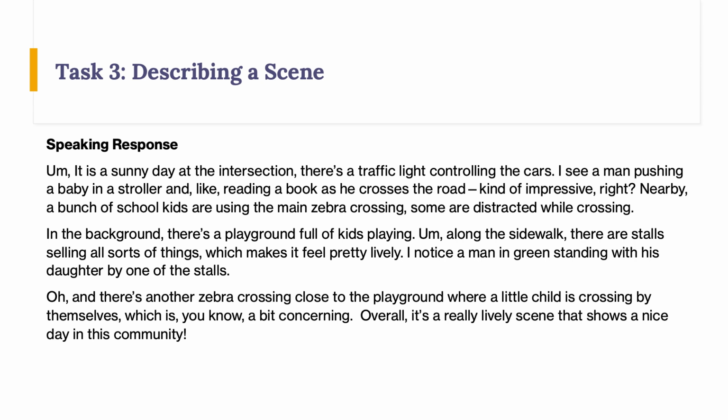Along the sidewalk, there are stalls selling all sorts of things, which makes it feel pretty lively. I notice a man in green standing with his daughter by one of the stalls. Oh, and there's another zebra crossing close to the playground where a little child is crossing by themselves, which is a bit concerning. Overall, it's a really lively scene that shows a nice day in this community.